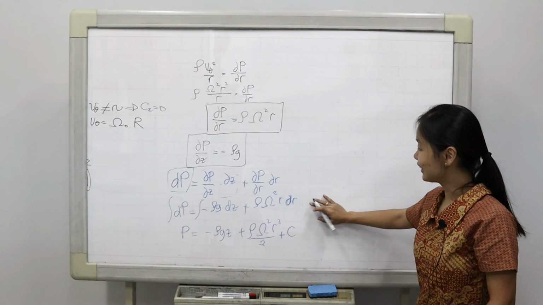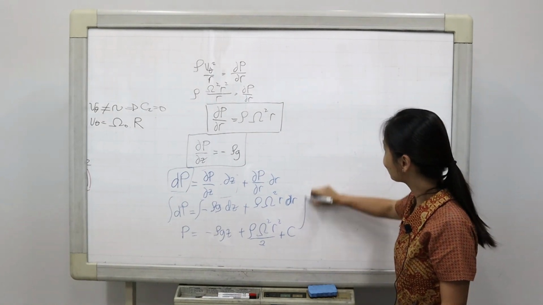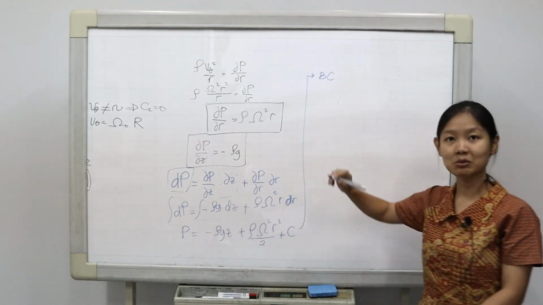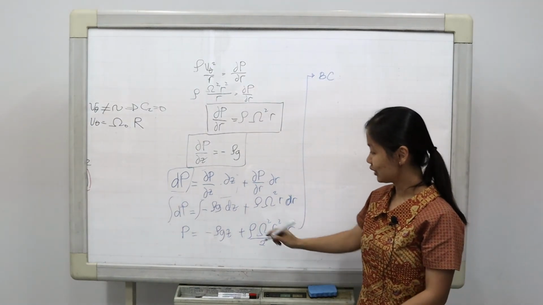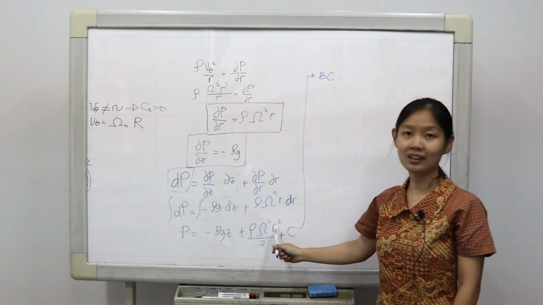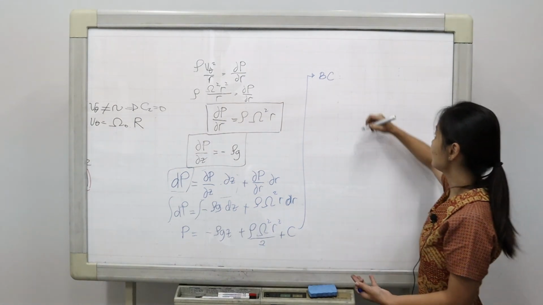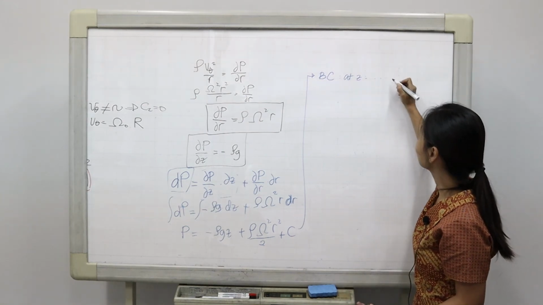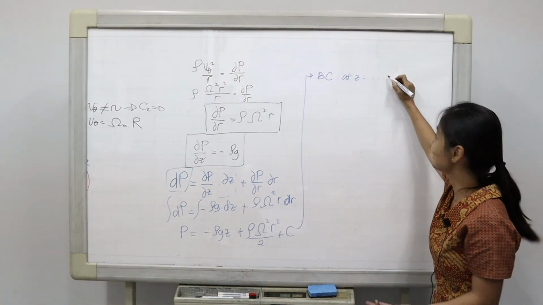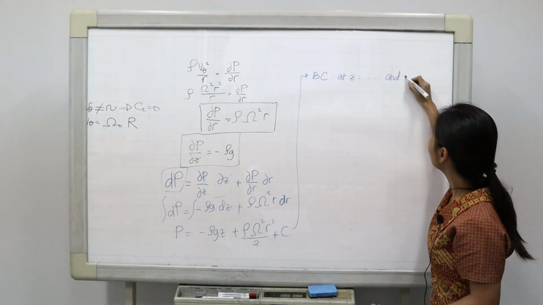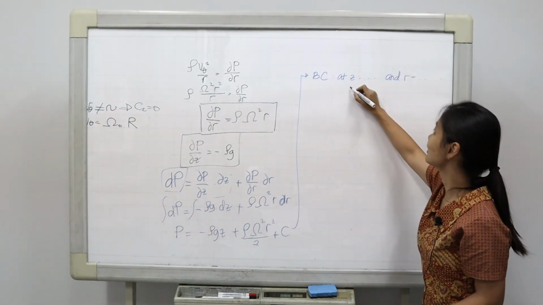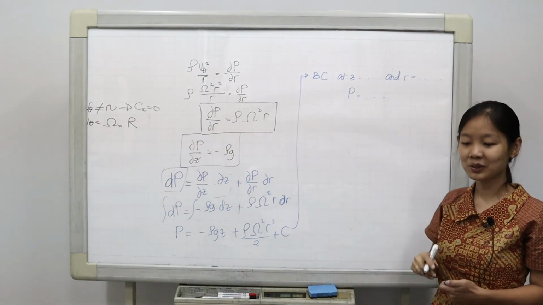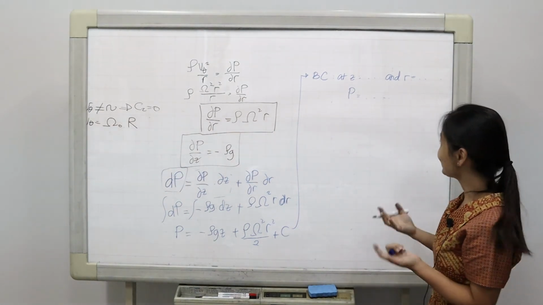The constant can be solved by using one boundary condition. So what is the boundary condition? Let's have a look. The pressure is a function of z and r, so your boundary condition should be: at z equal to something and r equal to something, the pressure is something. Which pressure do we know?